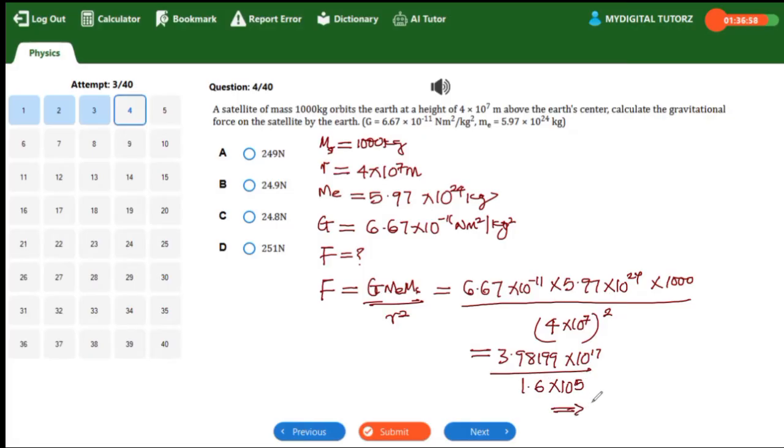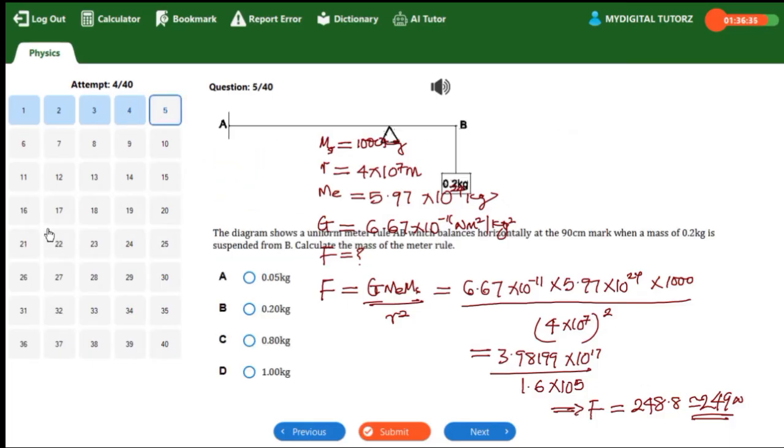This implies that F is equal to, divide this by this, that should give us approximately 248.8, approximately 249 Newton. I hope this is taken. That is option A. Are we together? So that is about question 4.